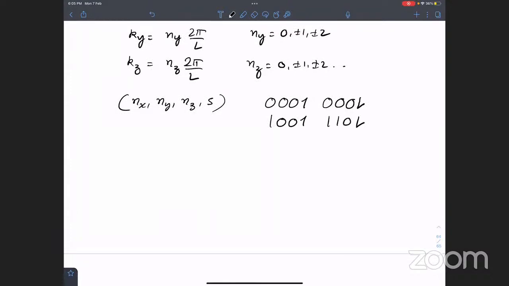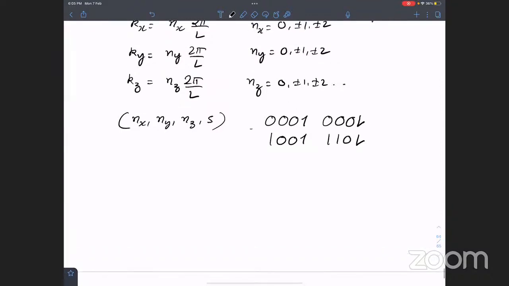All these kinds of possibilities are there. We will not try to solve for this, because there are just too many such states. Remember, our purpose is to find the density of states. But I hope you understand where the states are.